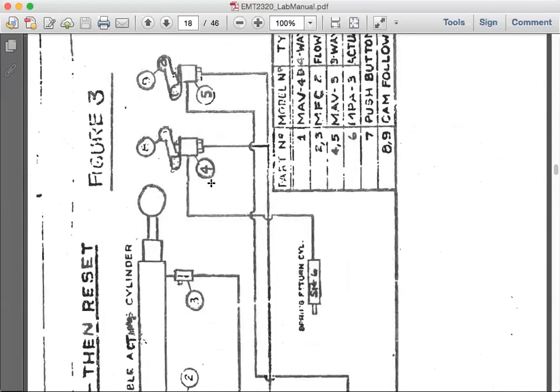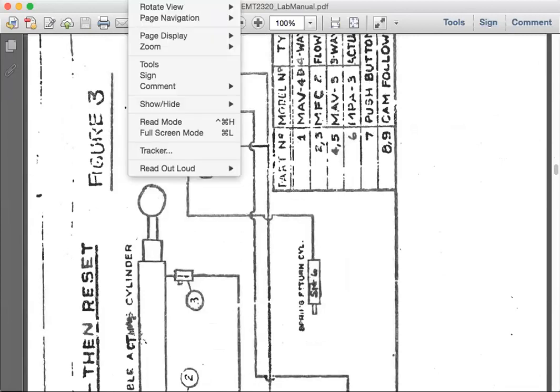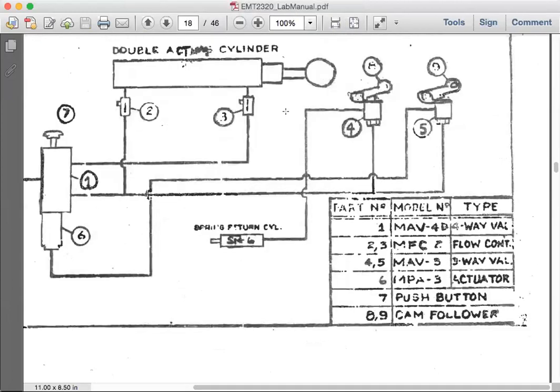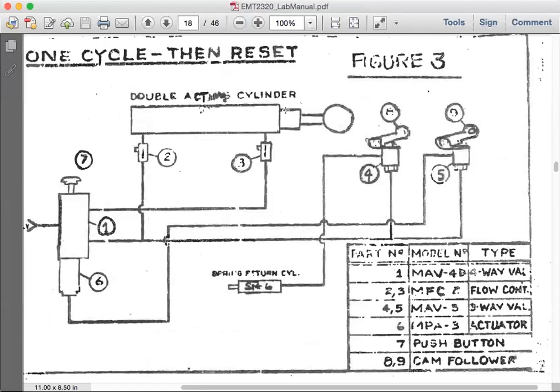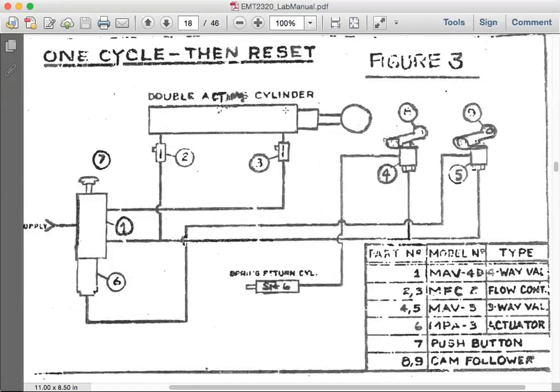Here you go. Let me rotate it. So, one cycle, then reset. You have a table of components, and in this system, for the first time, every component has a unique number. So it is as it should be.